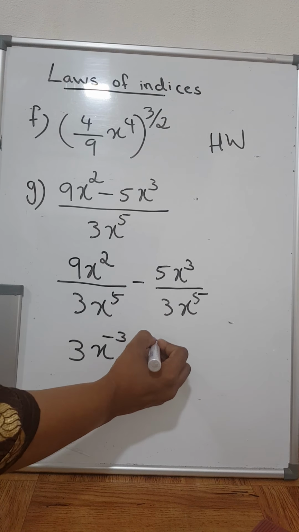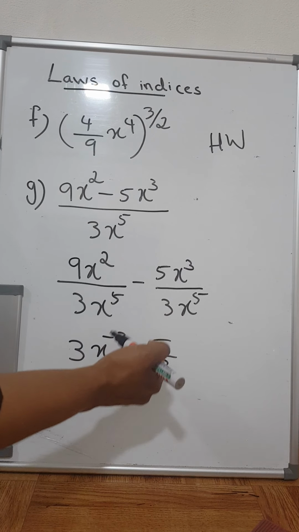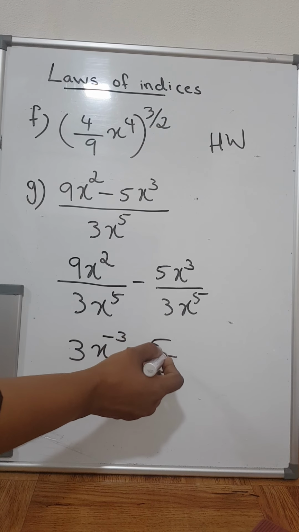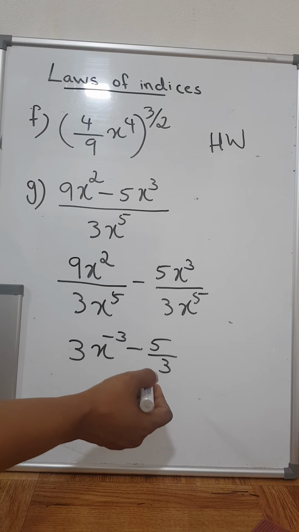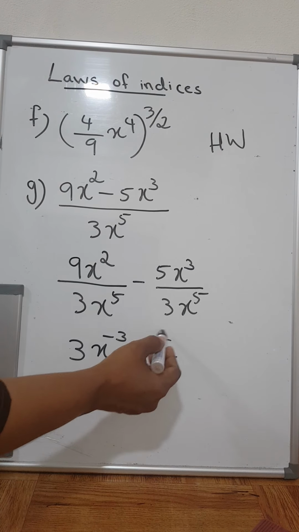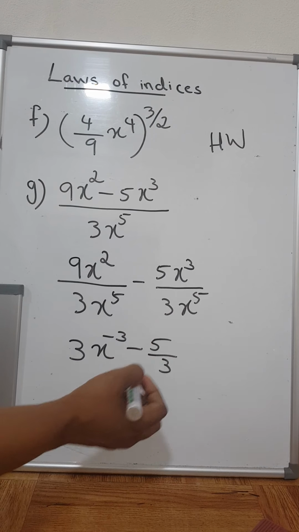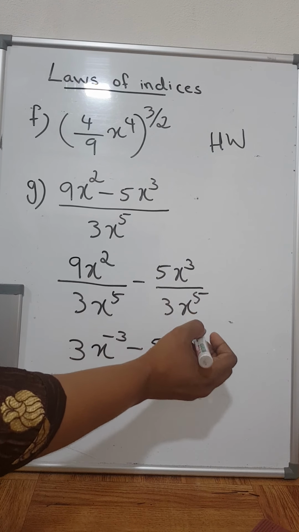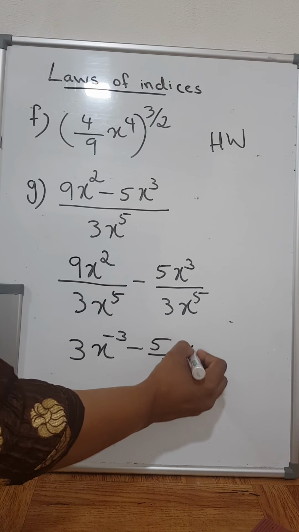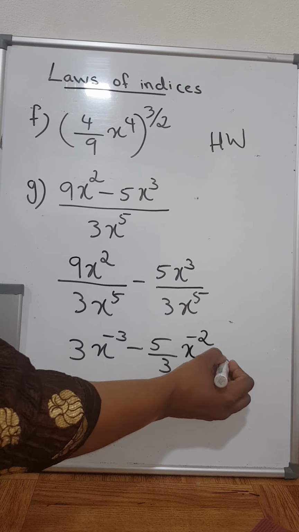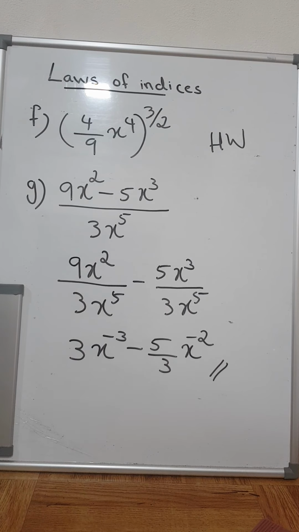Minus 5 by 3. I am not going to simplify it, because if we write it as a decimal, it will not be exact. So I am keeping it as 5 by 3. x cube minus 5. So x to the power minus 2. So we have finished it.